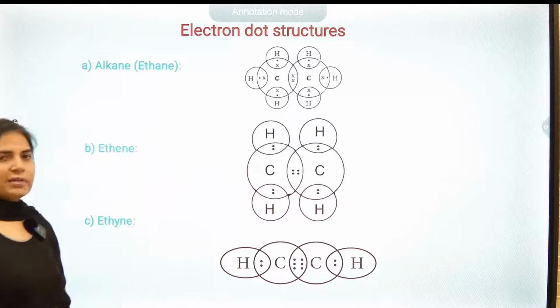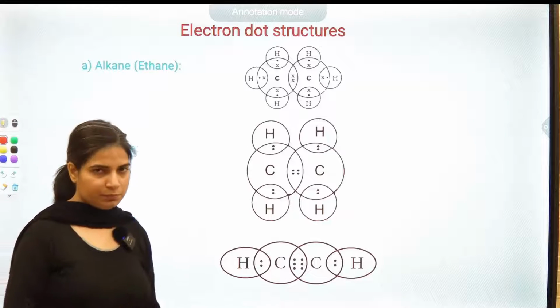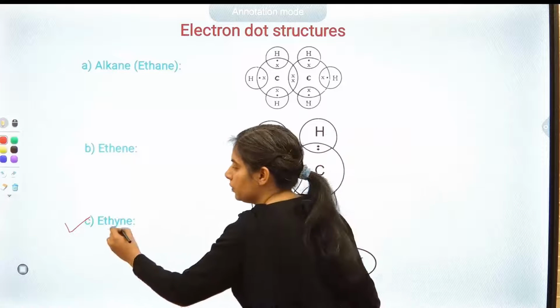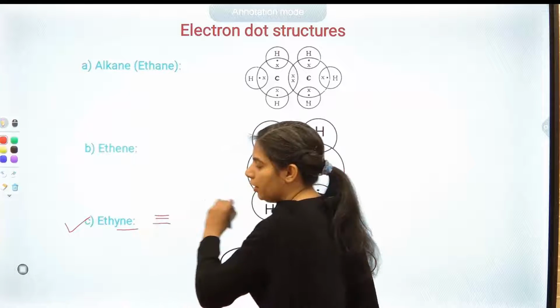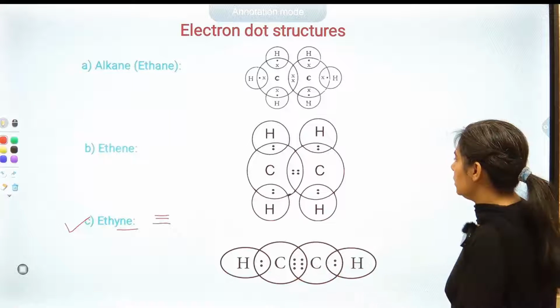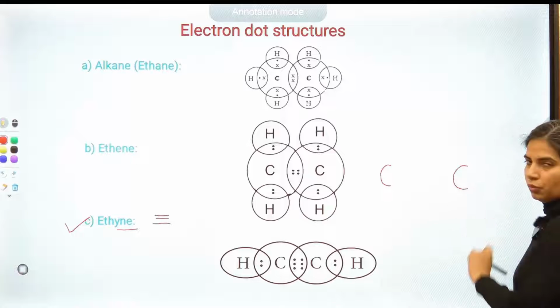Let's move to next example, that is the example of ethine. And in case of ethine, we are having triple bond. If I consider the case here, in case of ethine, we are having 2 carbons.